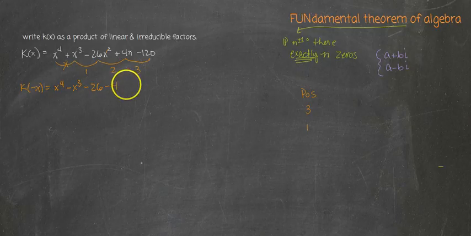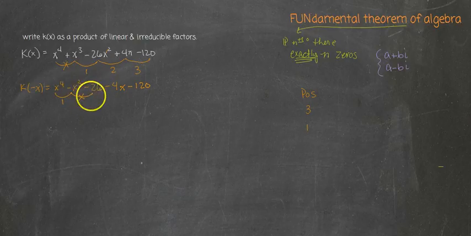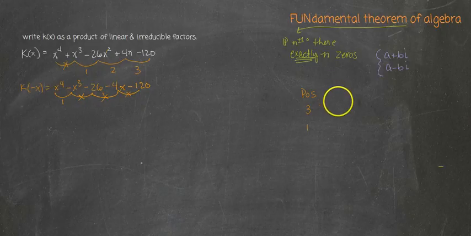It's not an n, that's an x. And then no effect on the constant. So now let's count our sign changes again. From plus to minus, that's 1. From minus to minus, no sign change. Minus to minus, no sign change. And minus to minus, no sign change. That means no matter what, I'm only going to get one negative zero.